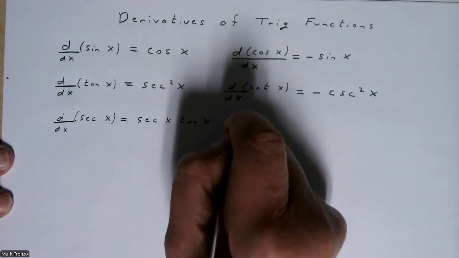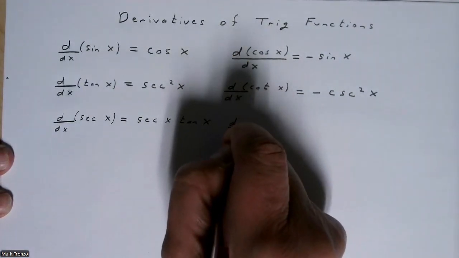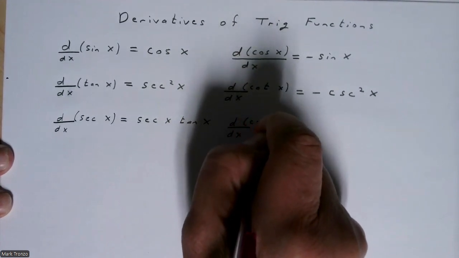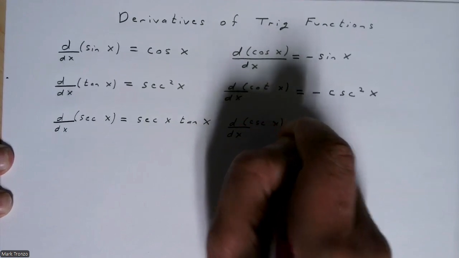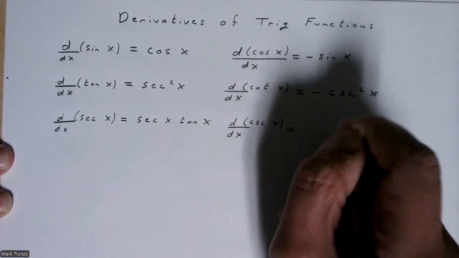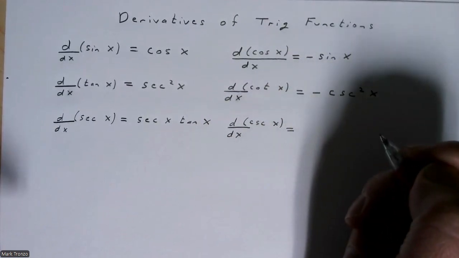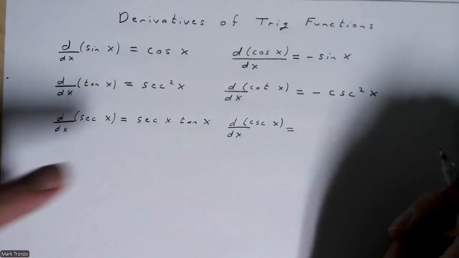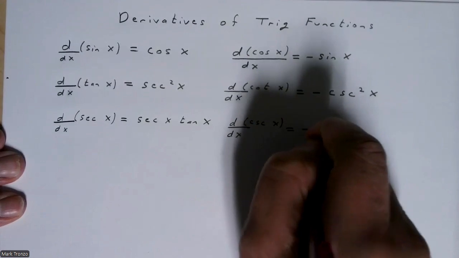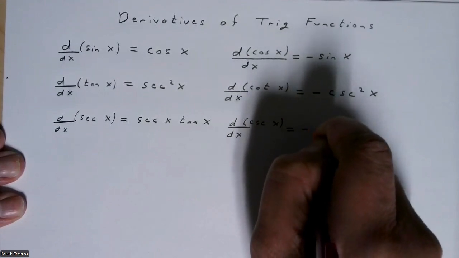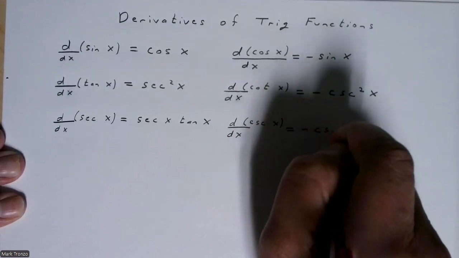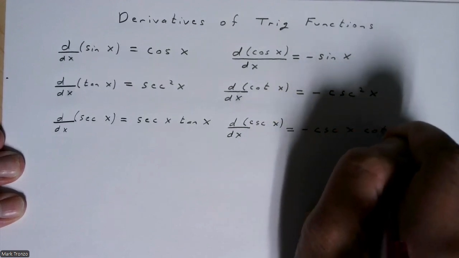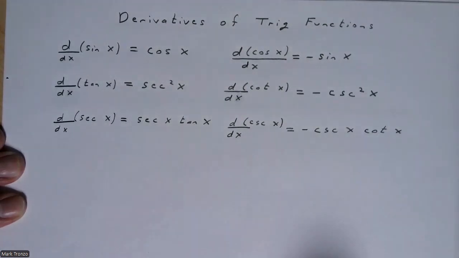And the derivative of the cosecant is the cosecant times the cotangent with a negative in front. Like that.